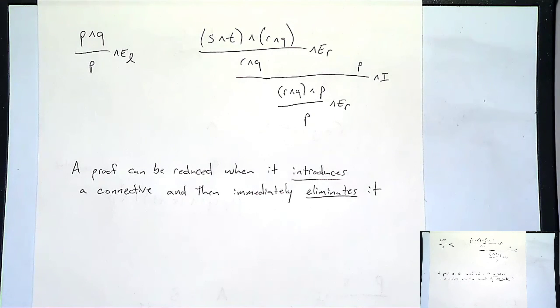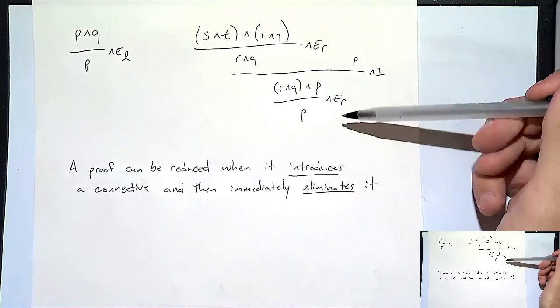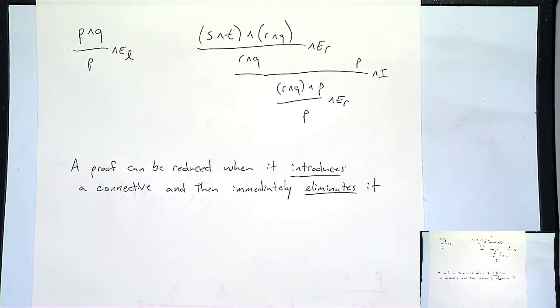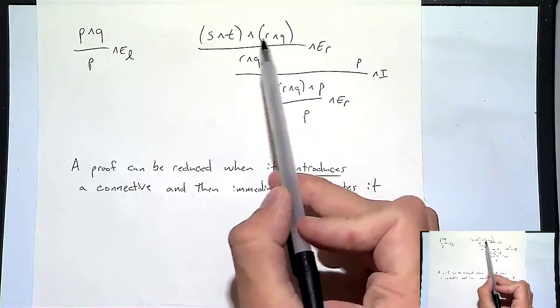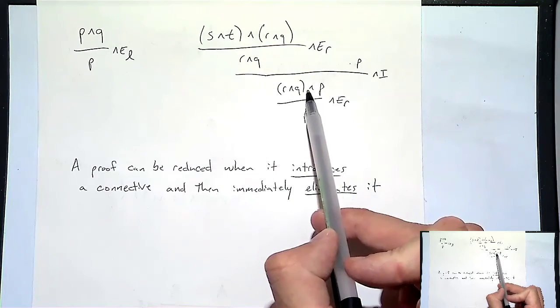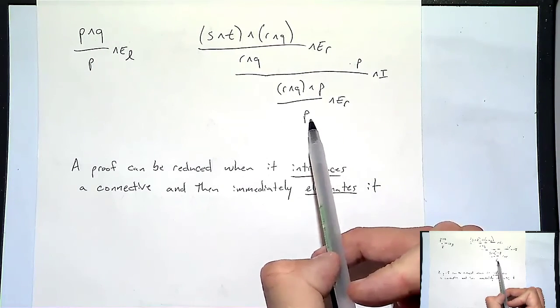So if you take a look at this complex proof, this rightmost proof up there, as you follow it down, as it grows from top to bottom, you can see there's a place where this proof introduces a connective and then immediately eliminates it. Right? We start with an elimination over here, okay. Now we introduce this conjunction here, and then we immediately eliminate it.